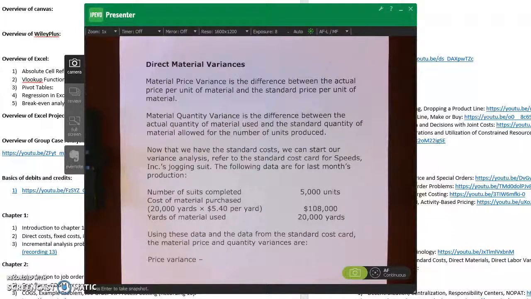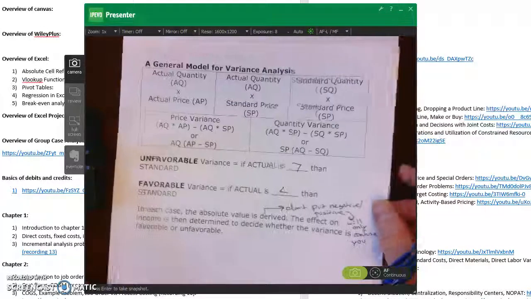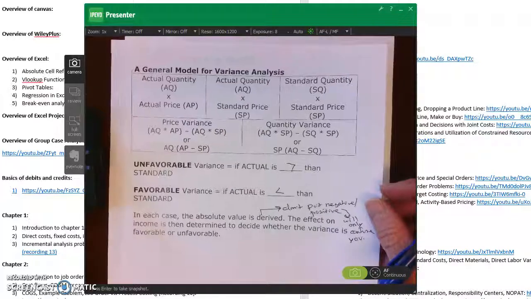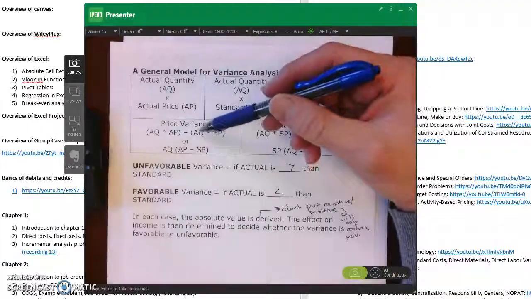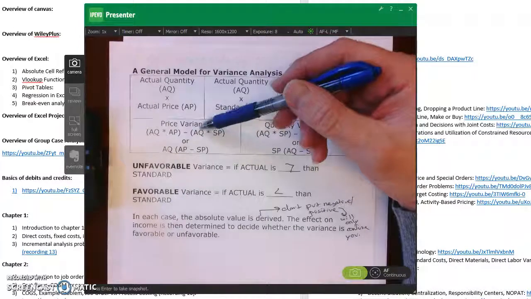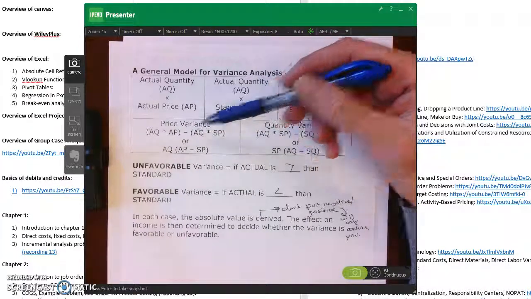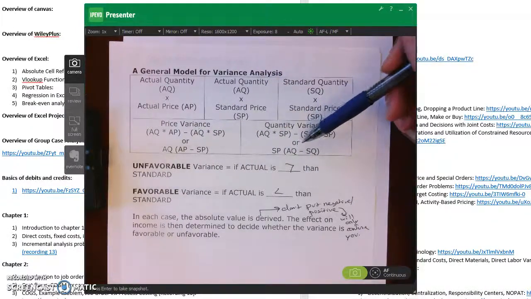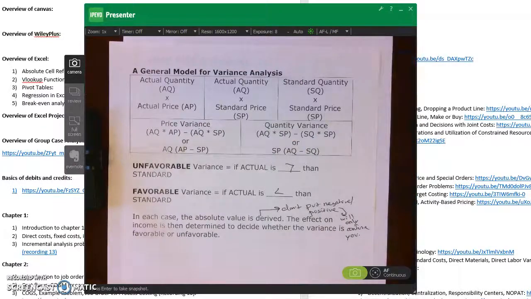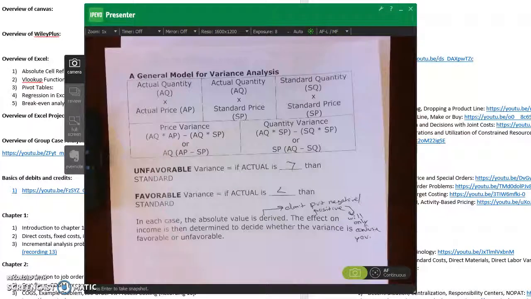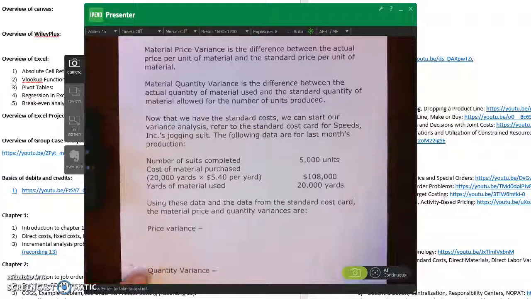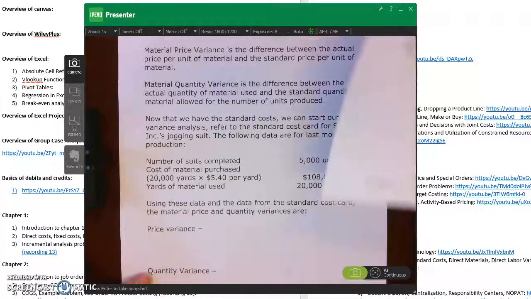We're going to be looking back at this page in your notes that we went over in the first lecture video, where we calculated here's our price variance formula, here's our quantity variance formula, and we're going to use these formulas to calculate our direct materials price and our direct materials quantity variance.